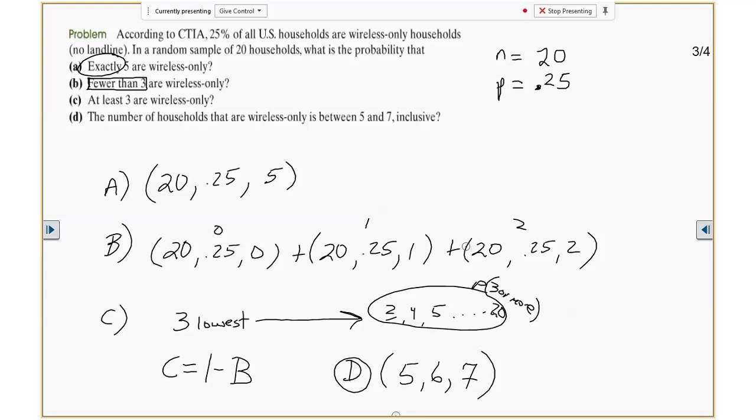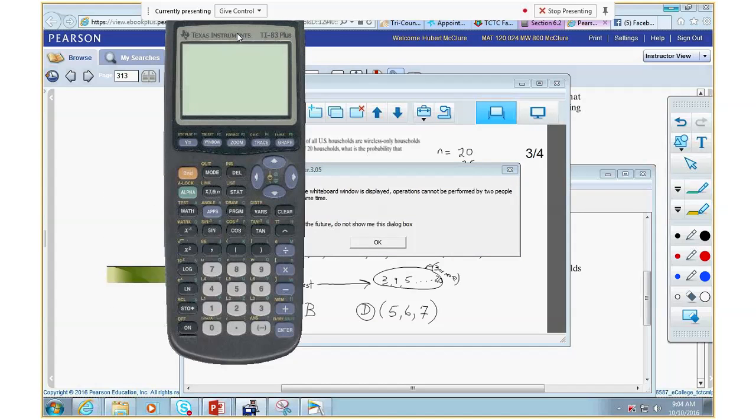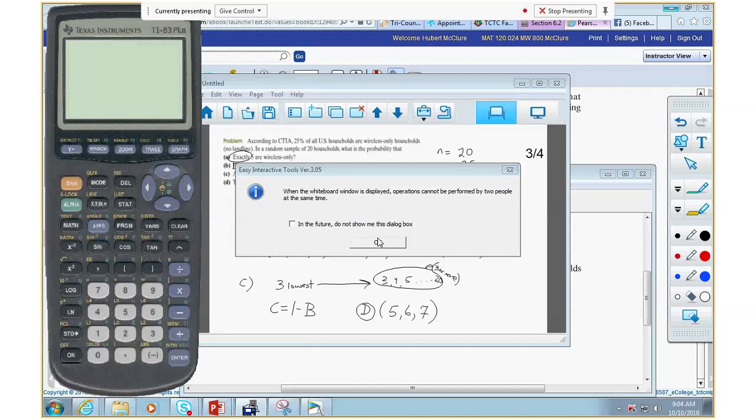First one, let me get my handy dandy calculator. Put it over here. Put this over here.